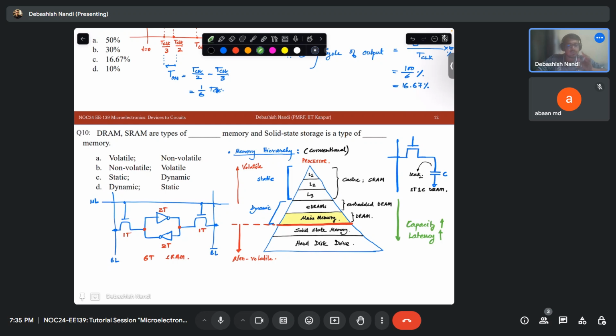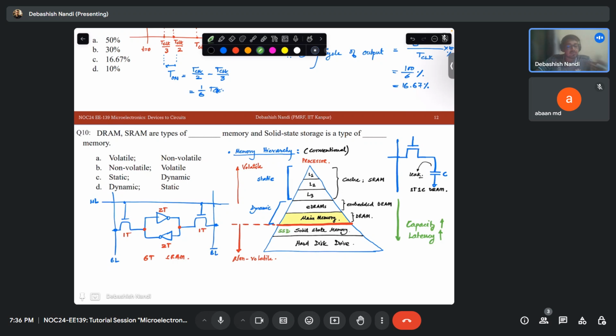So that is volatile memories so far. What about non-volatile memories? What about your SSD, or solid state memory? That is the memory where your data is stored in your laptops in today's scenario. Earlier it was HDD, now it has moved to SSD, solid state drives. For example, you might have heard of 1 TB storage in your laptop, that is your SSD.